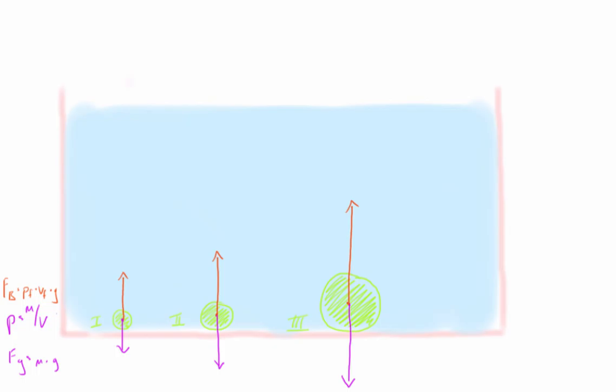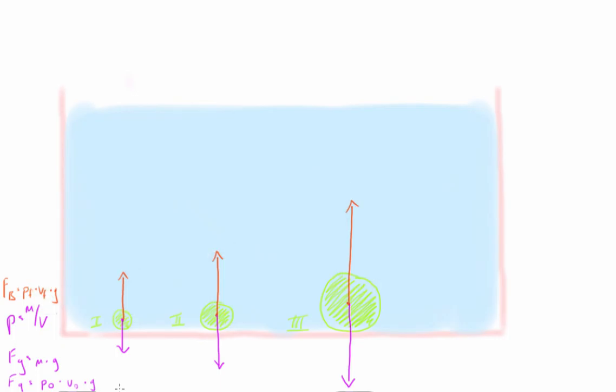If we manipulate our gravitational force, we're going to get the force of gravity is equal to the density of the object times the volume of the object times gravity. And here, it's the volume of the objects that is changing. So the differences between the volume is what is causing the difference in the gravitational force. Likewise, the difference in the volume, again, is what's causing the differences in the buoyancy force.